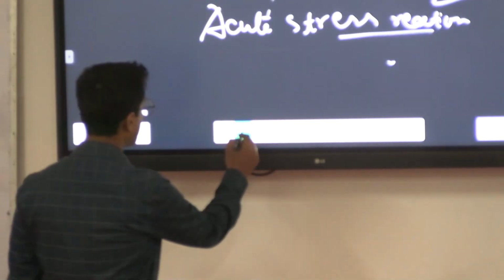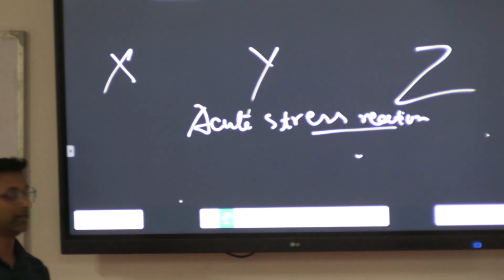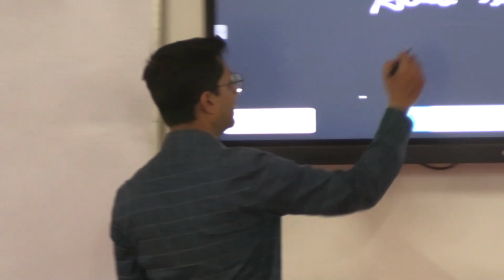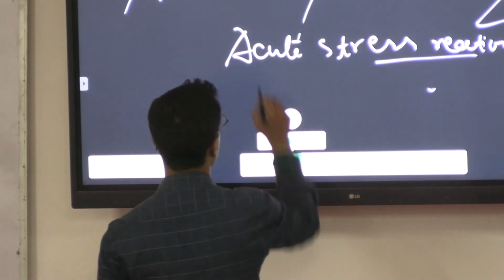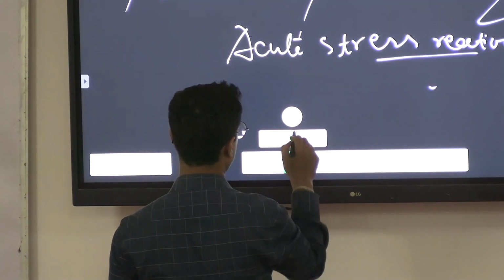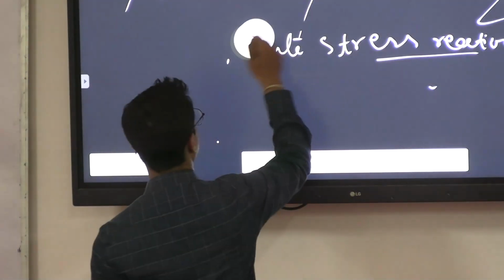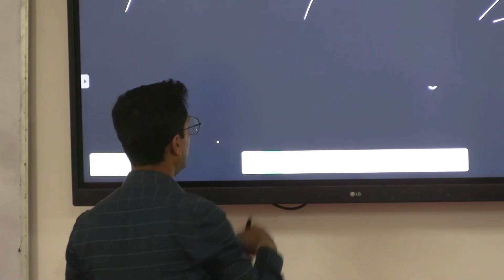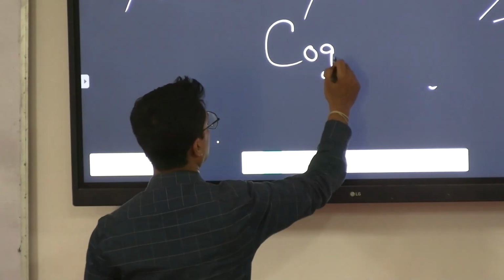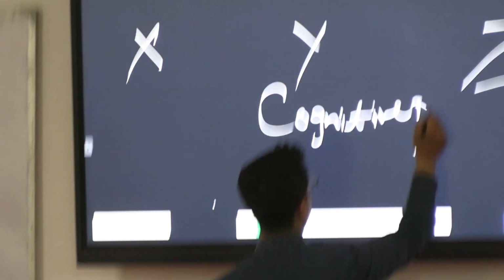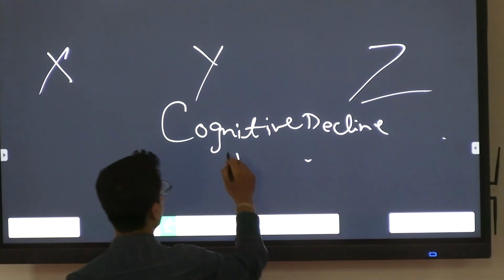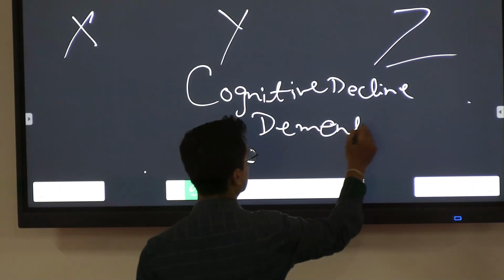Now, interestingly, in clinical stage 4, as you have seen in the medicine slide, where there are more severe illnesses and opportunistic infections, we get another condition known as cognitive decline or dementia-like changes.